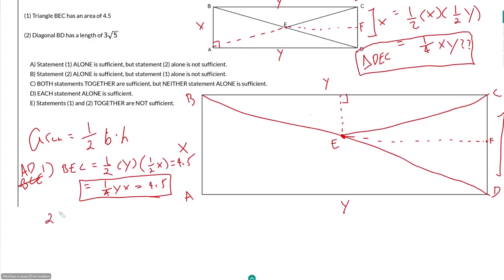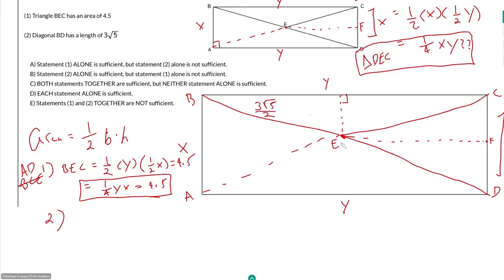Statement 2. Diagonal BD has a length of 3 rad 5. So from B to D is 3 rad 5. So if we go back, remember what we said about the diagonals for a rectangle? They're going to be bisectors of each other. So each of our halves for our diagonals is going to be 3 rad 5 over 2.